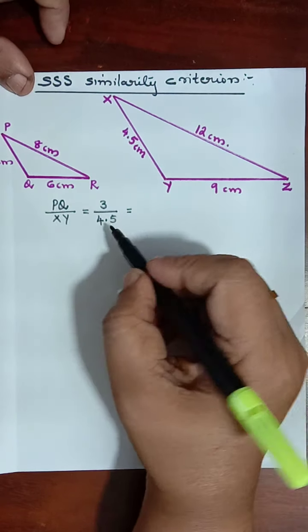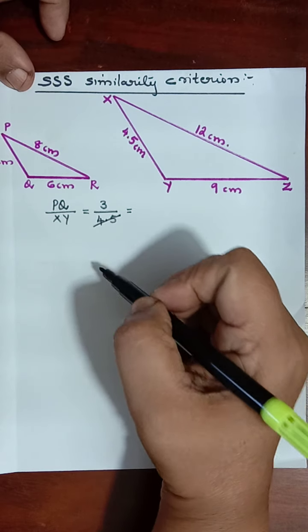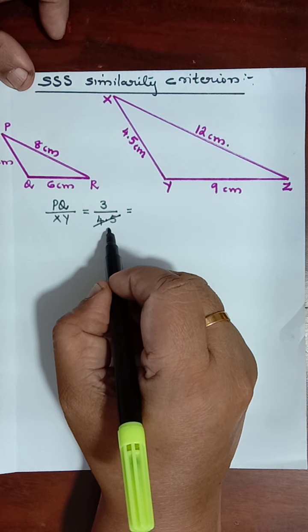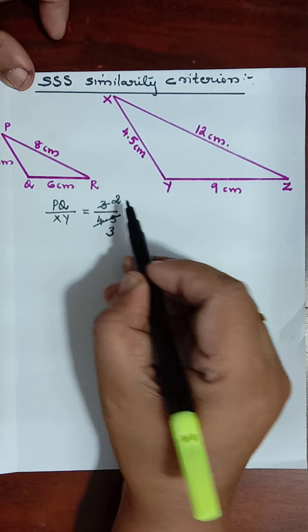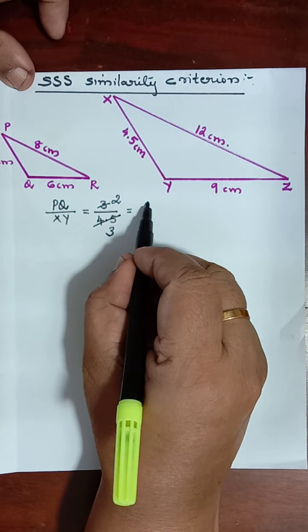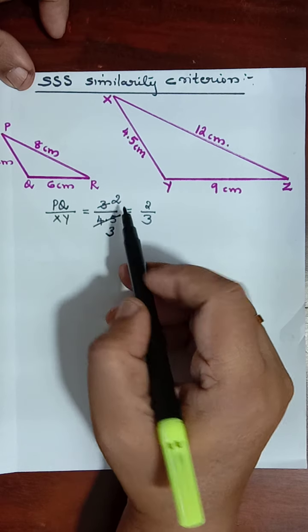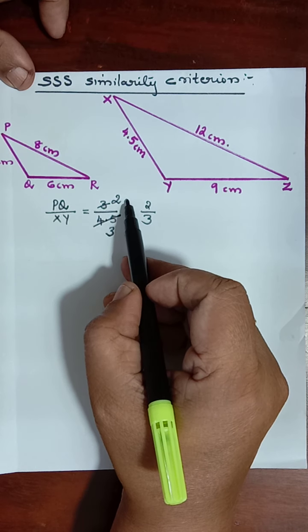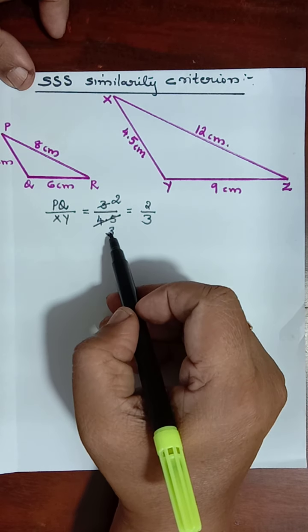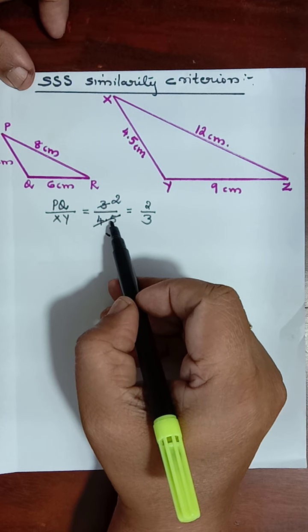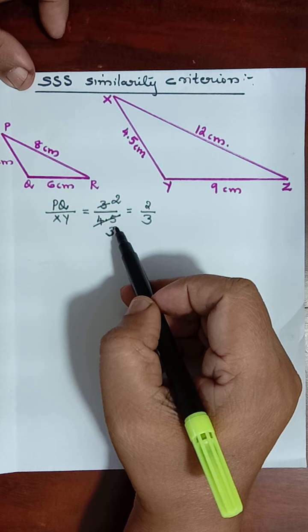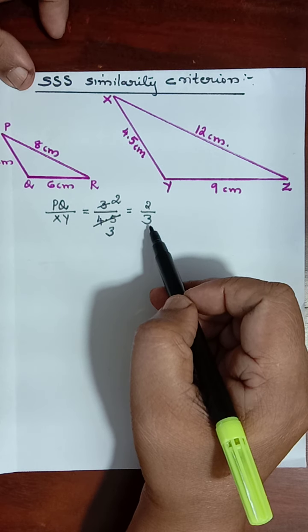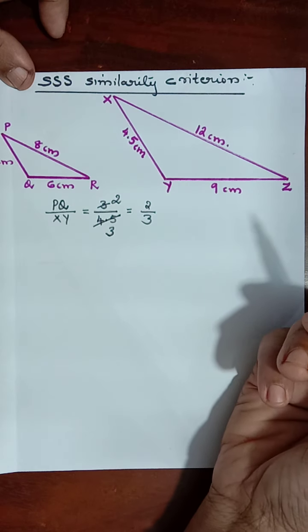If it is 1.5, how many 1.5 will be here? 3 is 2 times 1.5, and 4.5 is 3 times 1.5. So 2 into 1.5 is 3, 3 into 1.5 is 4.5. By any method, you will be able to cancel 3 and 4.5, so you will get the answer as 2 by 3.